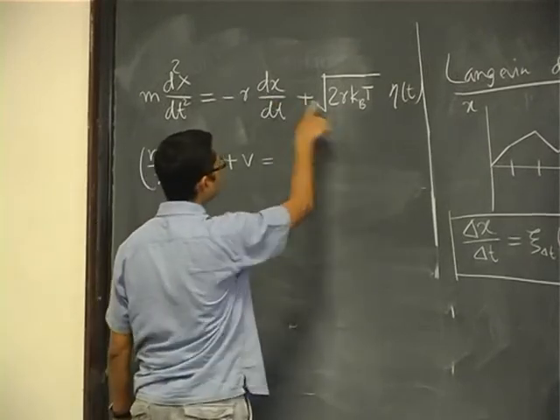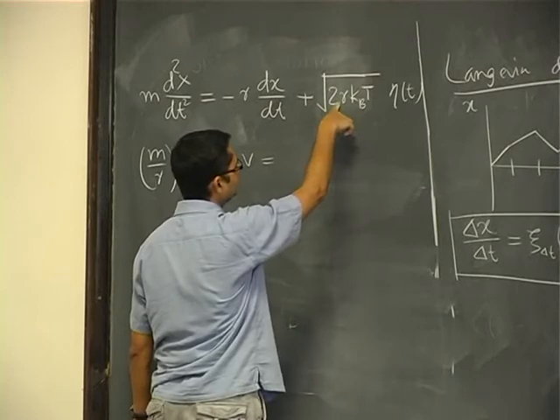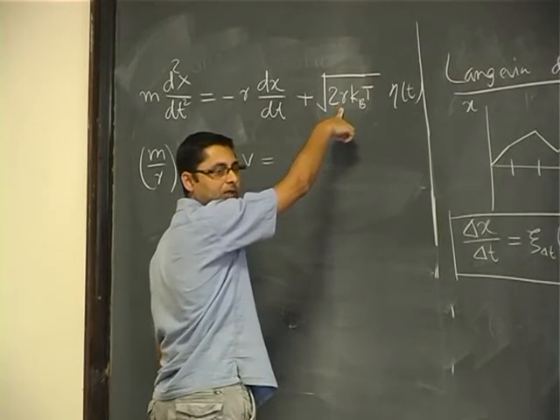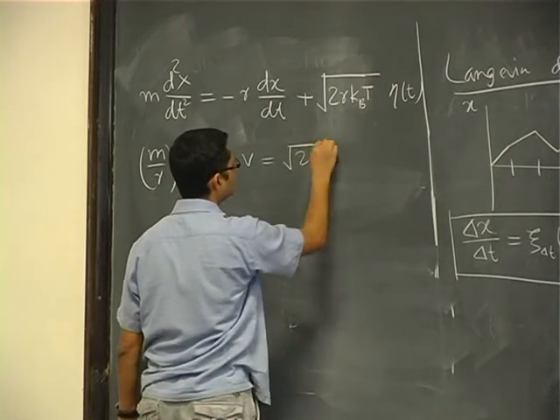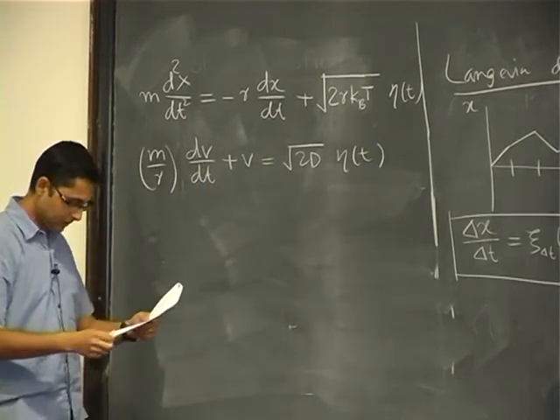Since gamma goes inside, it is 2 kbt by gamma, and 2 kbt by gamma is my diffusion coefficient. So this is equal to square root of 2d times eta of t.